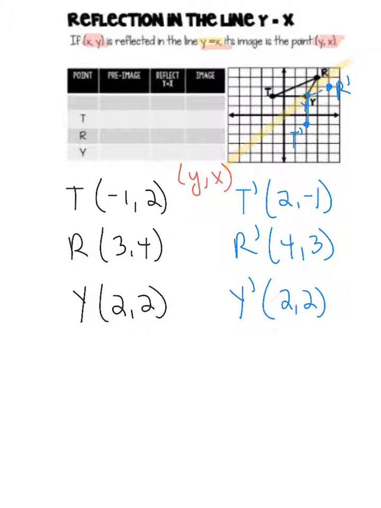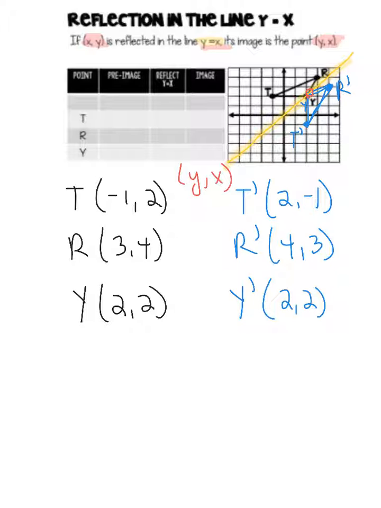And when we connect these three together, I'm going to draw this line of reflection a little bit better here so we can see this. Y is right at that same spot. It's like when you touch a mirror, you and the real you are both touching that mirror. That's what this point Y is doing.